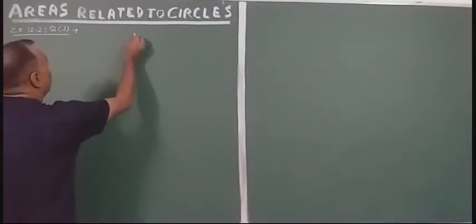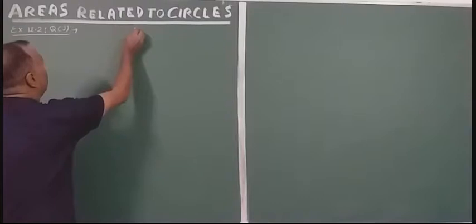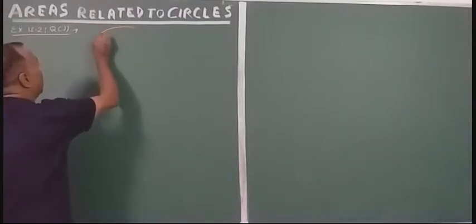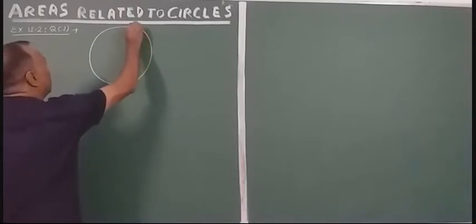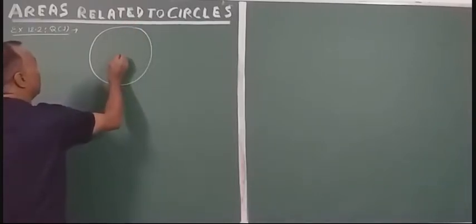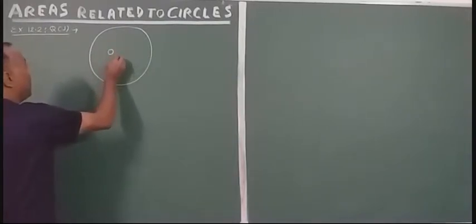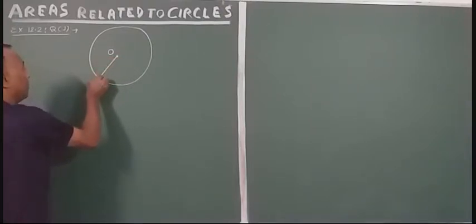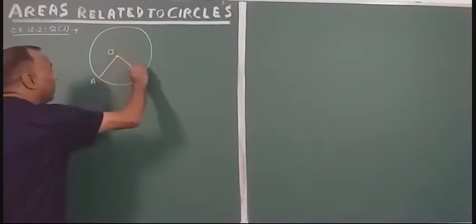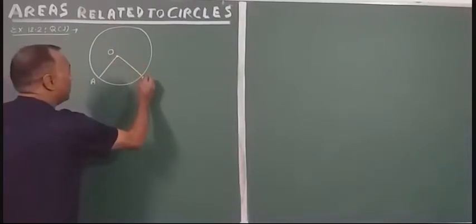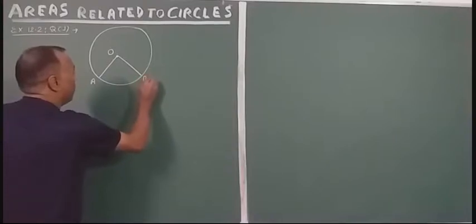First we will see what is a sector of a circle. Suppose this is the center of circle O, and this is the radius OA and this is the radius OB.